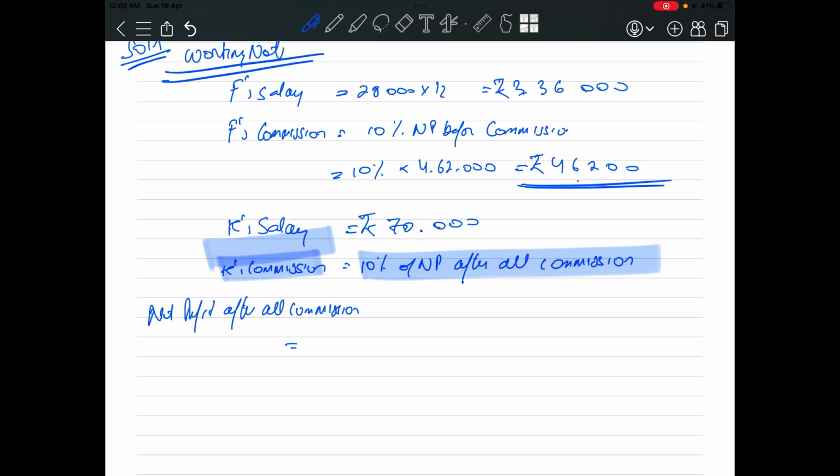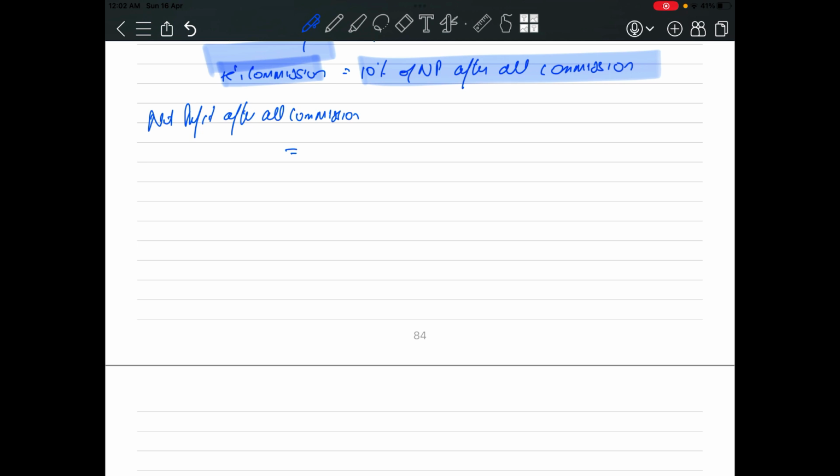Now can I say net profit after all commission is equal to net profit before commission? We have the net profit before commission. Out of this, we'll have to deduct the commission allowed to the partners. So less F's commission, less K's commission.